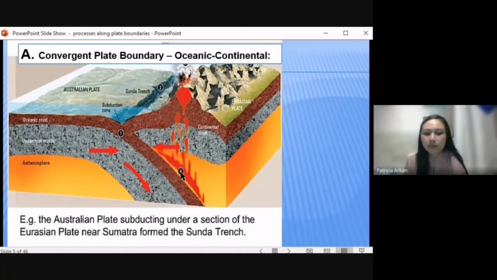Paano nabuo yung volcano natin? It is because the molten rocks here, or the magma, will rise up since it becomes less dense.